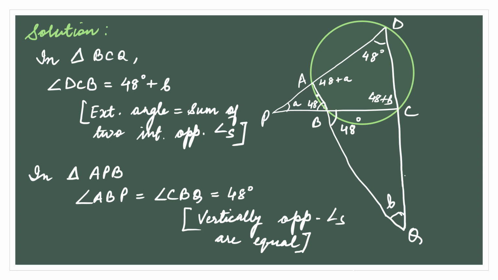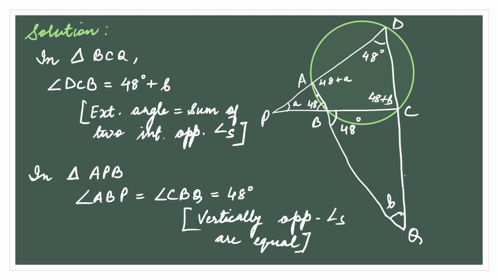Okay, now see this, children. If this is 48 degrees and this is B degrees, then what is the value of angle DCB? It is 48 plus B. How? Because the exterior angle of a triangle is equal to the sum of the opposite angles in a triangle.